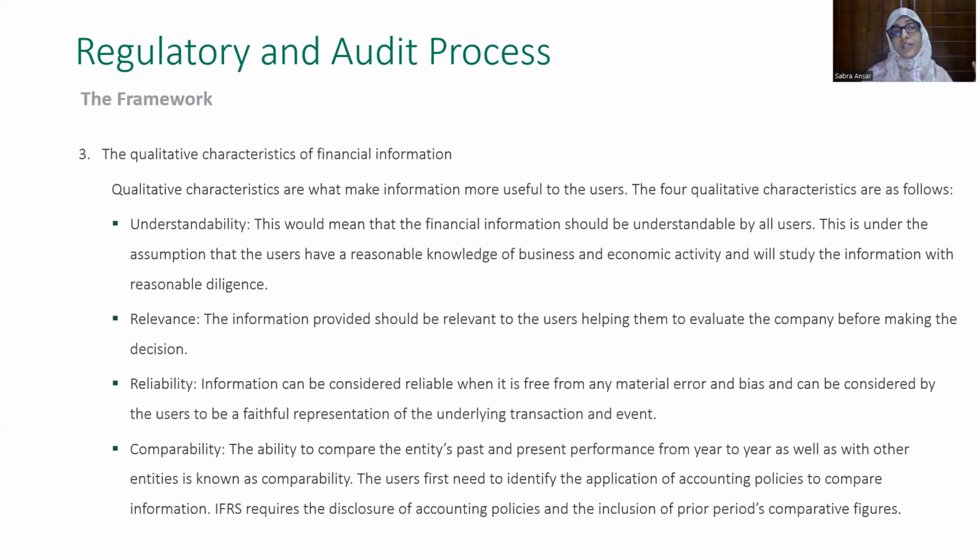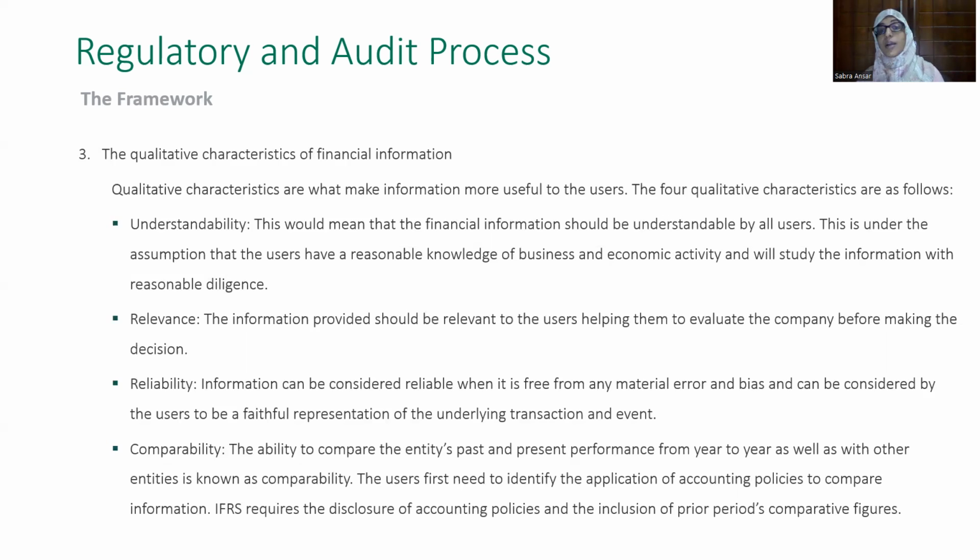Okay, the other qualitative characteristic is reliability. When it comes to information, it should be reliable. It should be free of error and bias, and that is what we expect from the information, because if there is certain error or bias, then obviously it would be difficult in decision making, right?